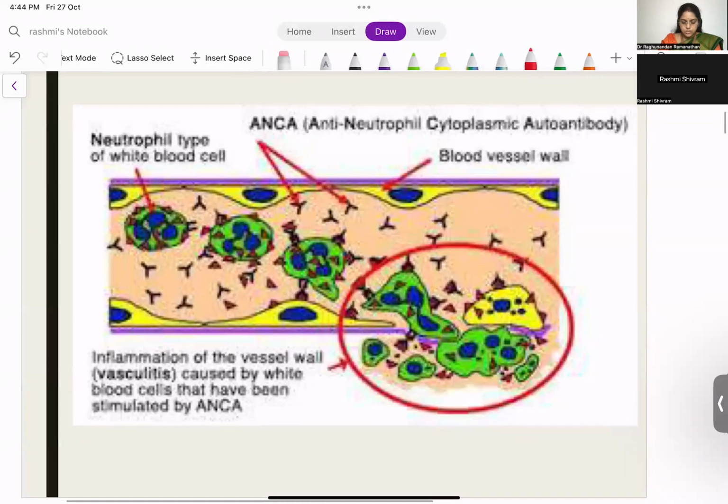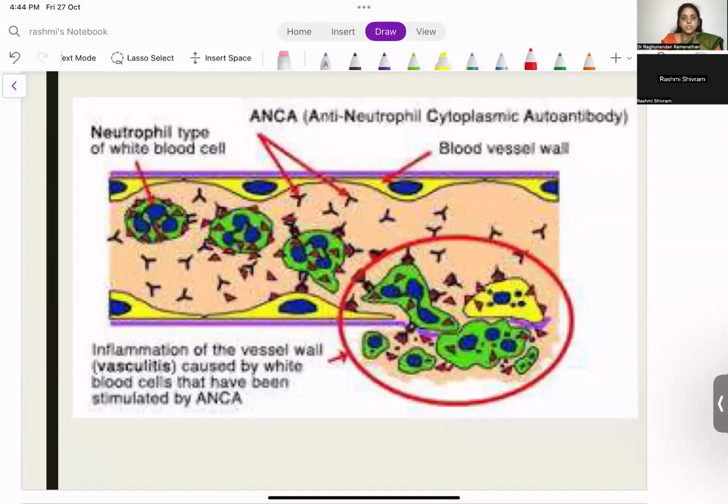This picture explains it: you have a neutrophil type of blood cell. On this, the MPO and PR3 are getting expressed. So what happens? The ANCA comes and gets attached to this. Then there is inflammation of the vessel wall. Vasculitis happens.